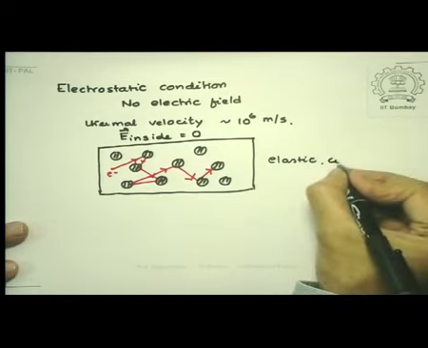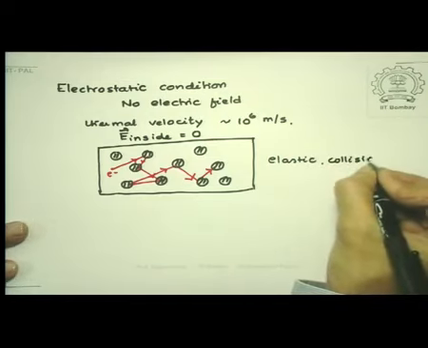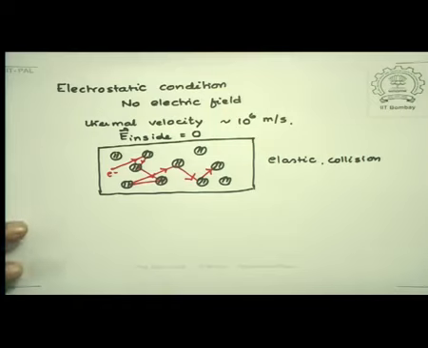So elastic collisions take place. This is very similar to when, for instance, a very light particle collides against a heavier one, like a tennis ball bouncing against a wall, or a stone bouncing against a truck.